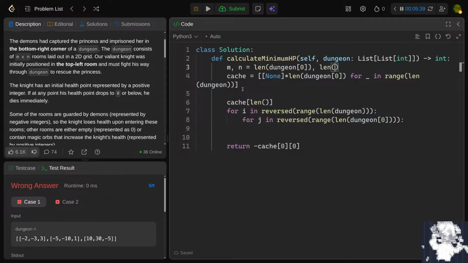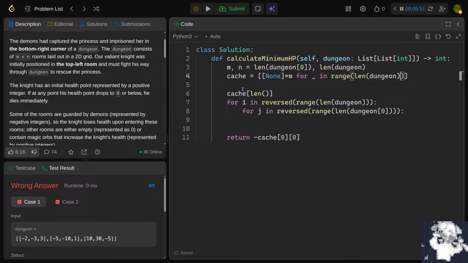Dungeon 0, len of dungeon. This is m, or not without the len, so this is just m, and this is n. This is n, and this is m.